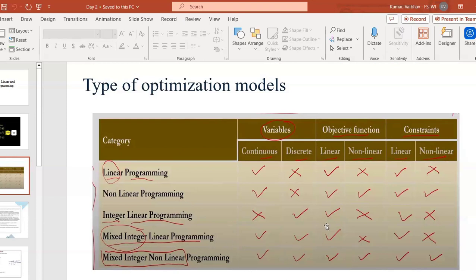When we have non-linearity in the constraints and objective function, as well as discrete and continuous variables, it becomes mixed integer non-linear programming. Why is it important? Because depending on the nature of the model, you can solve it with certain kinds of solvers. We will study linear programming today, and cover non-linear programming, integer linear programming, and some sensitivity analysis later on.